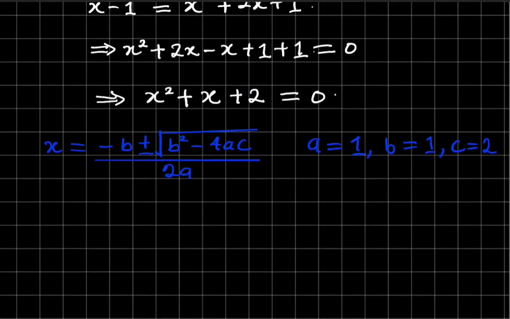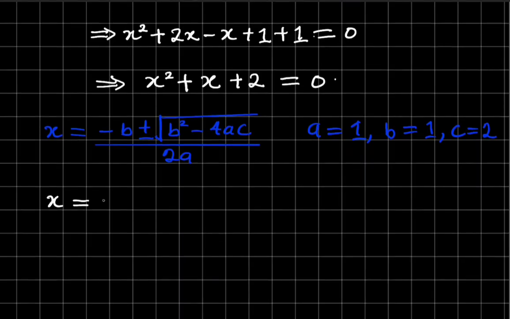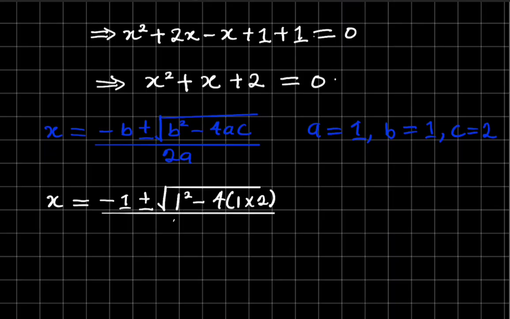So substituting this into the formula, we have minus 1 plus or minus square root of 1 squared minus 4, a is 1 and c is 2, everything over 2a, and 2a is 2 times 1.